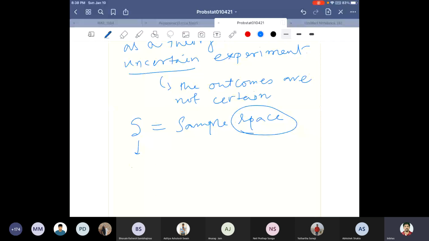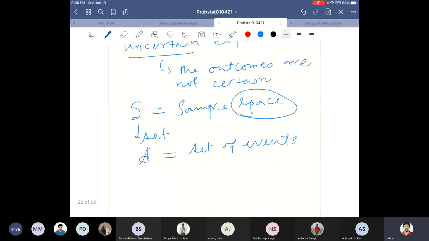So this is a set, and then we said we need to find probability of an event. We denoted this set script A. This is a set of sets, we call it the set of events, because an event is a subset of the sample space.